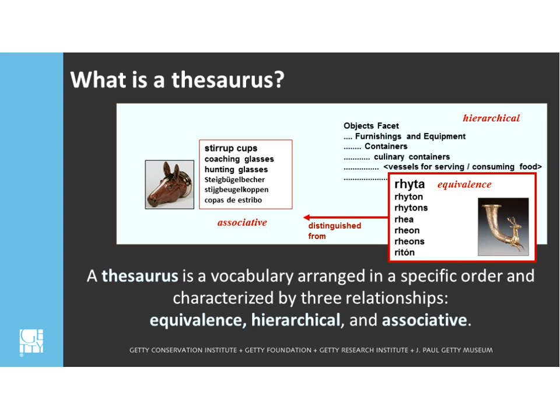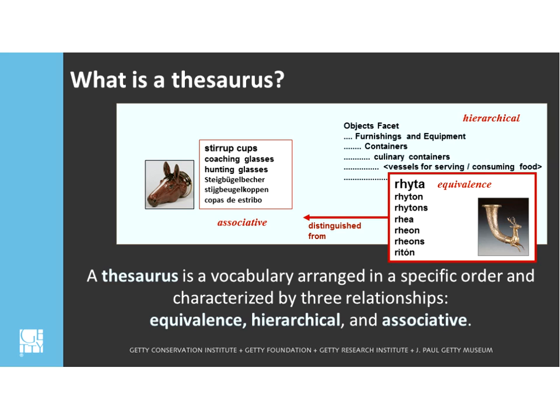So in this slide, what I'm showing are the three main types of relationships in a thesaurus. The first one, of course, is equivalence, so it's different ways of saying the exact same thing. Raita is the plural, raiton is the singular, raitons is the anglicized plural, and there are other name forms, and there are actually many more forms if you look this term up in our Art and Architecture Thesaurus.